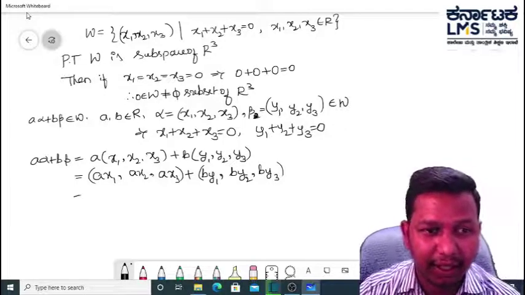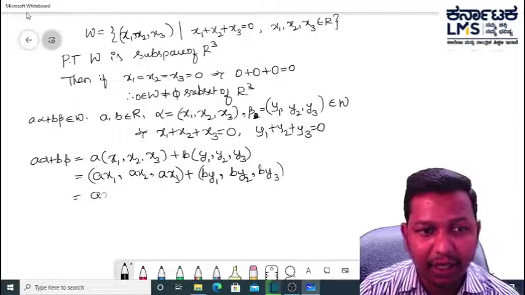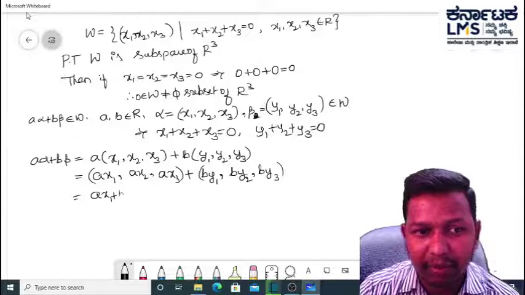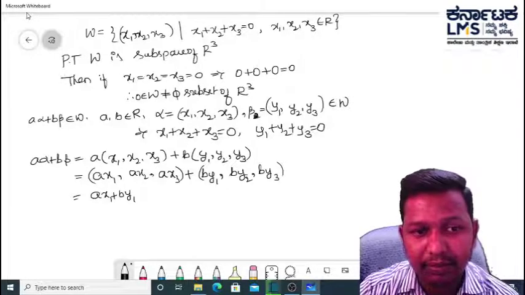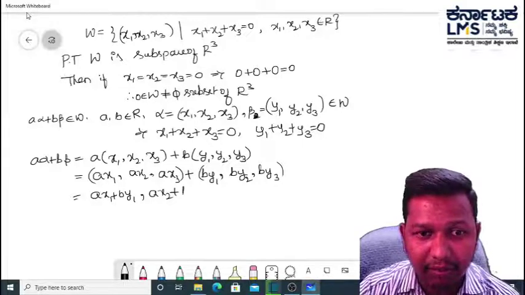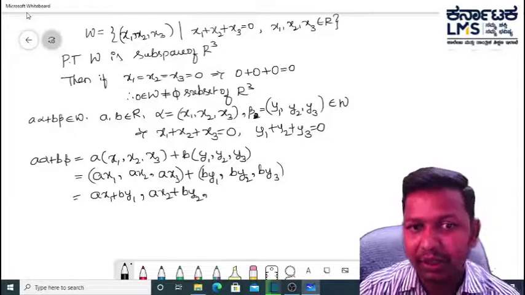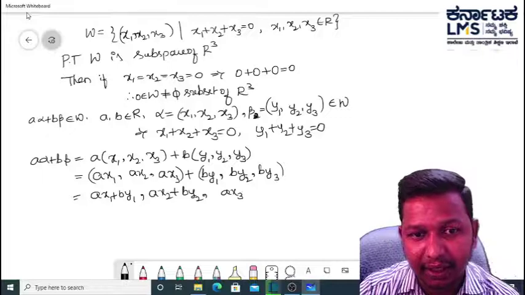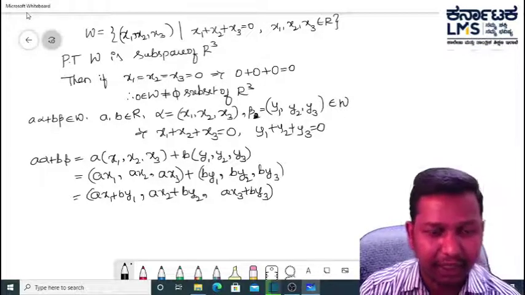Now add this element coordinate-wise. ax1 plus by1 comma ax2 plus by2 comma ax3 plus by3 we get.